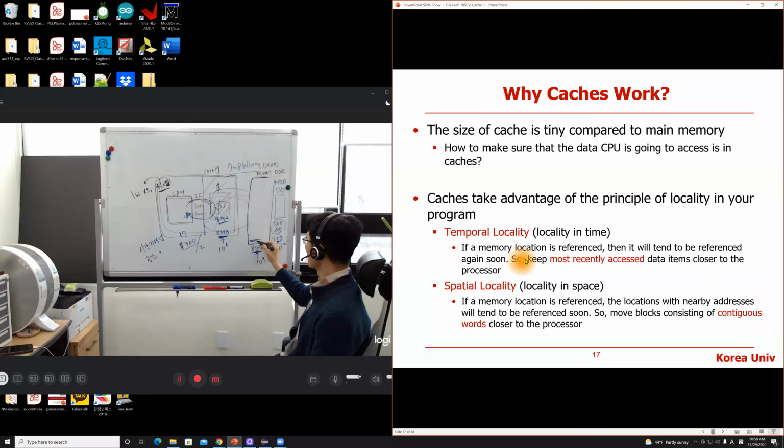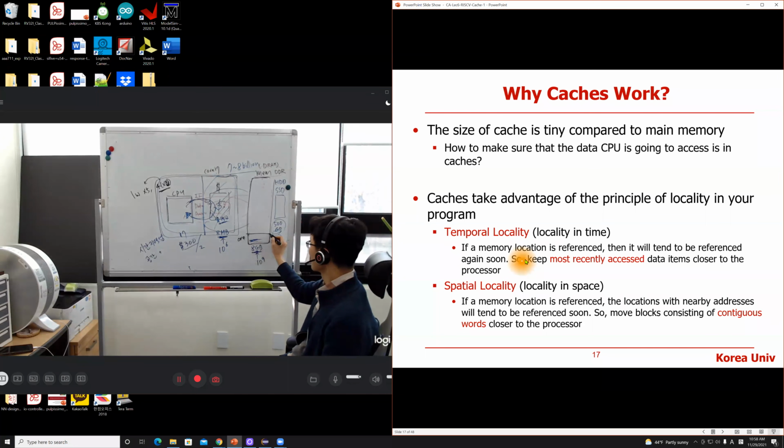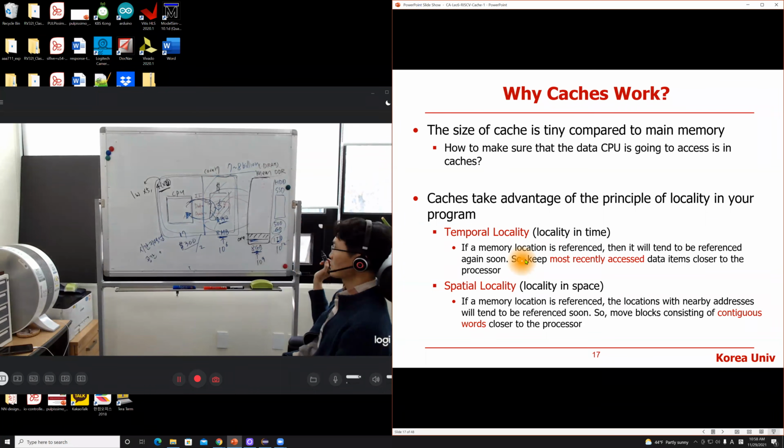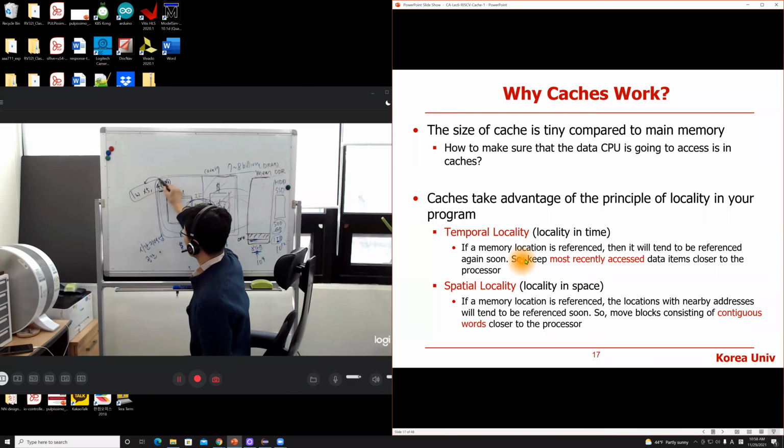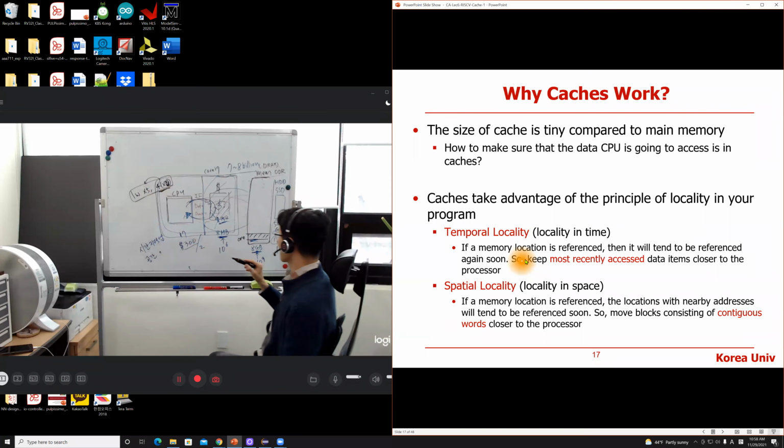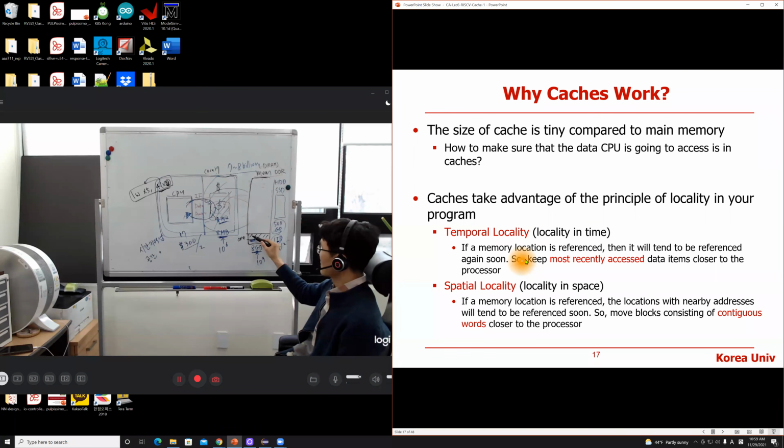If CPU executes that instruction and accesses this data, it is very likely to access the same information again in the very near future.